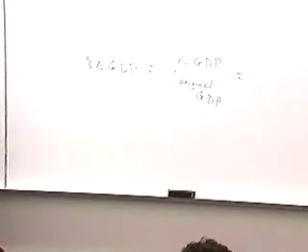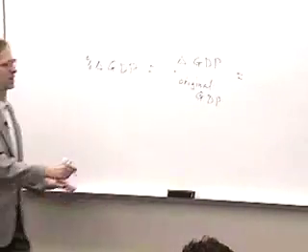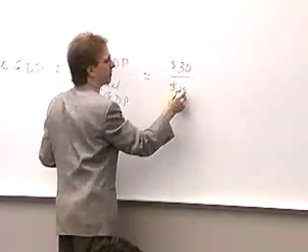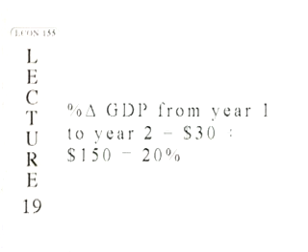The change looks like $30 divided by the original of 150, that was GDP in year 1. So what we get is 0.2, equals 20%. That's just the percentage change in nominal GDP.